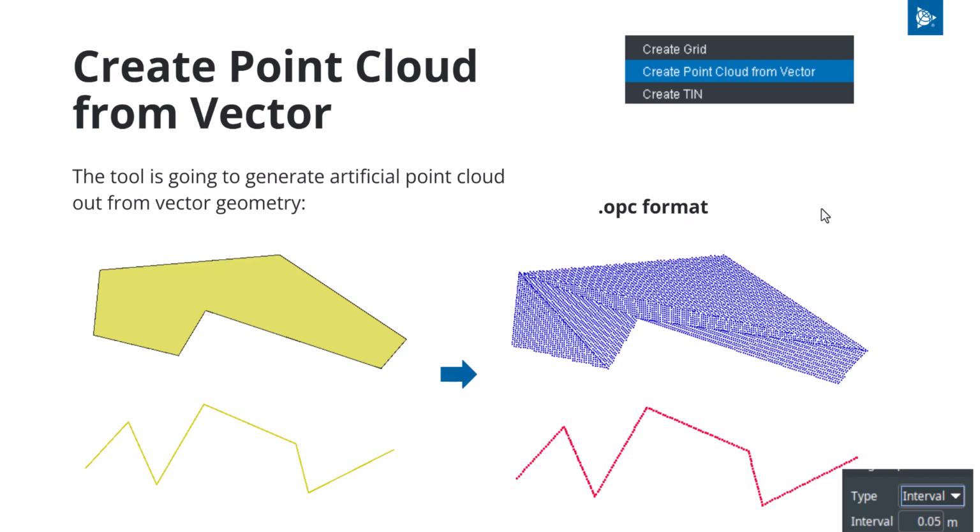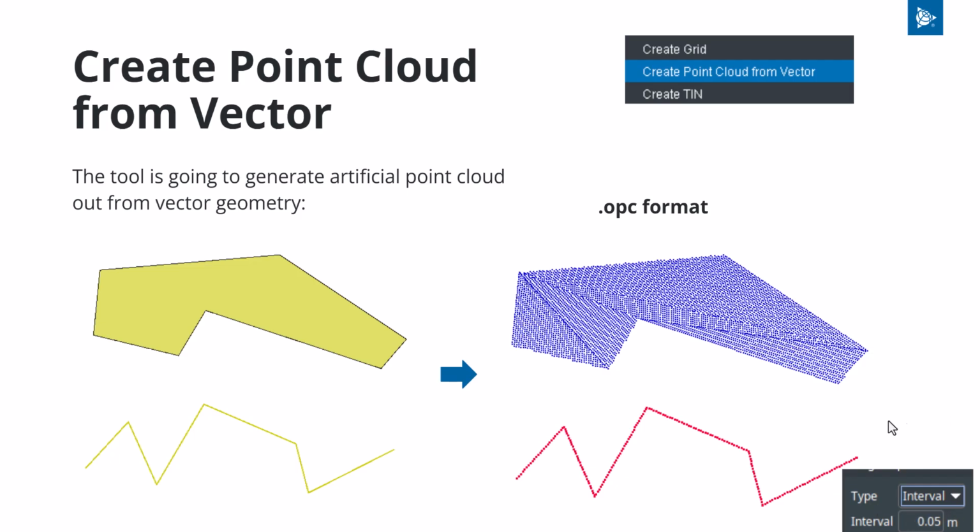This tool is going to generate an artificial point cloud out of the vector geometry. For instance, if you feed a polygon to it, it will fill the polygon with a point cloud. And if it's a line, along the line it will put the points with a defined interval.